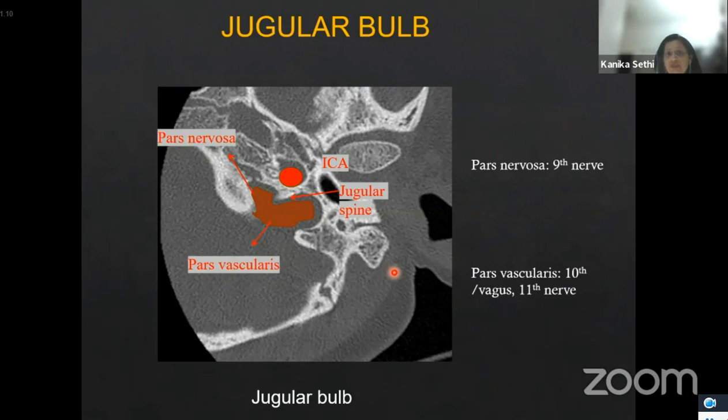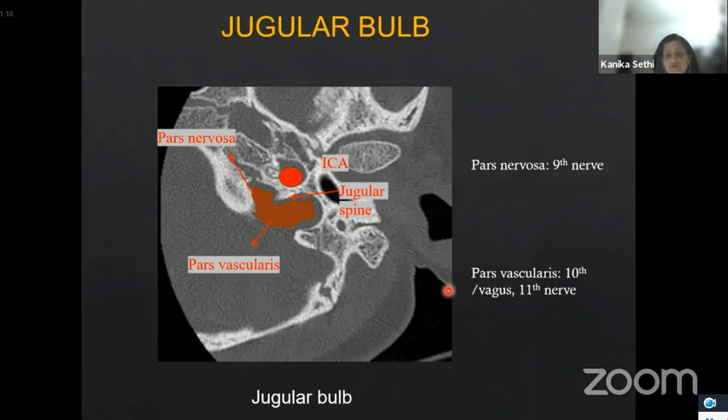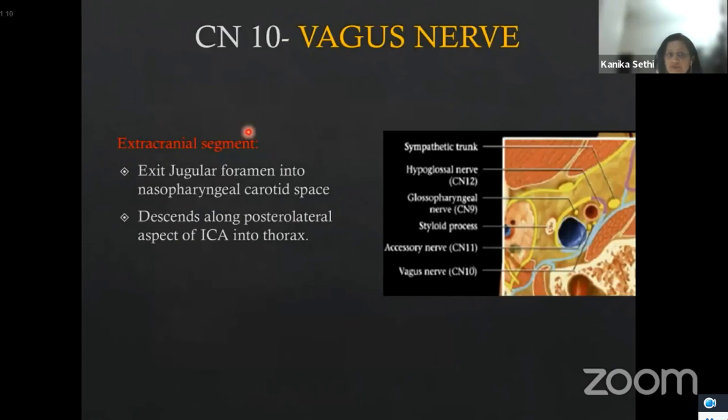So they go into the jugular fossa and then exit the jugular fossa and go into the upper neck. So the extracranial segment: the 9th, 10th and 11th nerves travel in the carotid space, nasopharyngeal carotid space, and continue down in the carotid space and into the thorax. And the 10th nerve is on the posterolateral aspect.